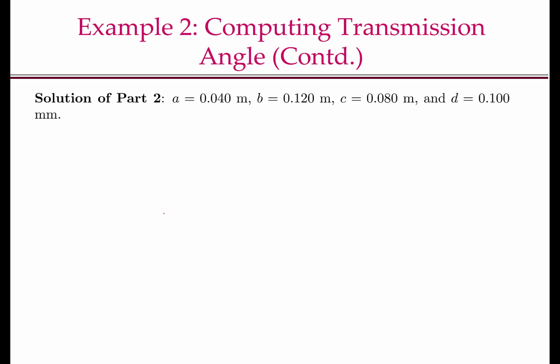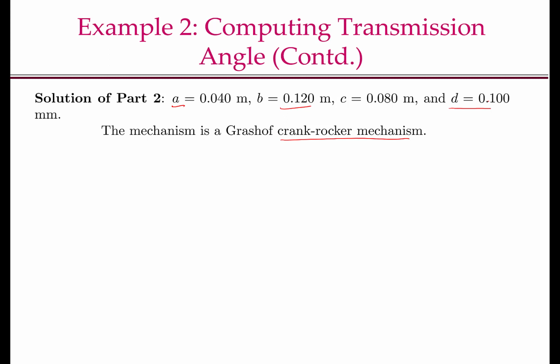Again, I have written down the link lengths. First, you need to recognize that this mechanism is a Grashof crank rocker mechanism. Why? Because the smallest link here is A, the largest link here is B, 0.12, and if you add them you get 0.16, which is less than C plus D. So it's a Grashof mechanism, and since a link adjacent to the smallest link is the ground, I have a crank rocker mechanism.